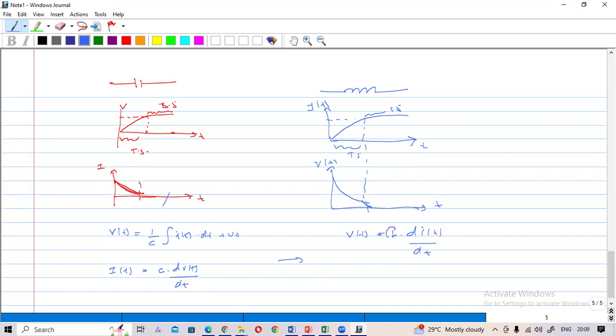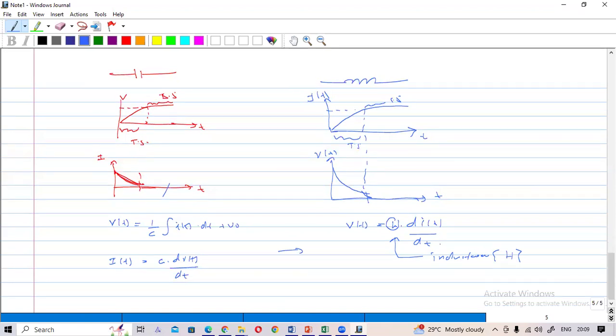This L is the inductance, measured in Henry. And there is the same type of equation for the current of the inductor also: i(t) equals 1 over L integration of V(t) dt plus I naught.